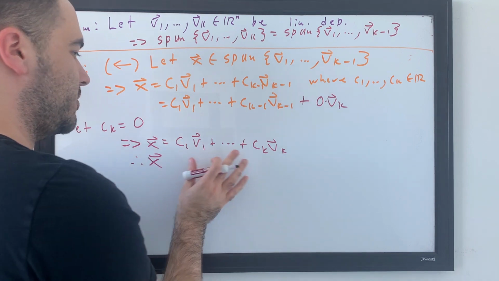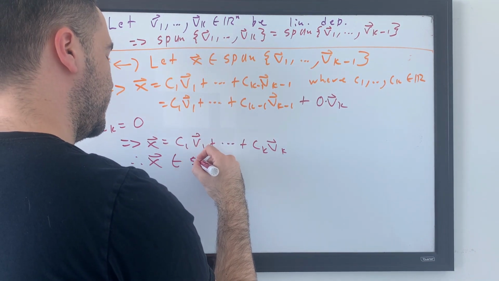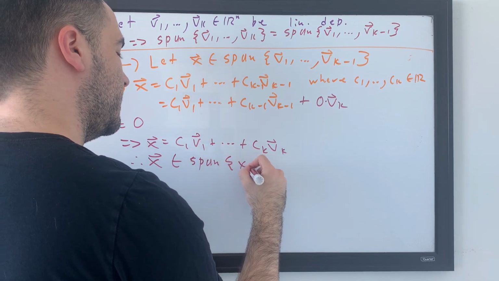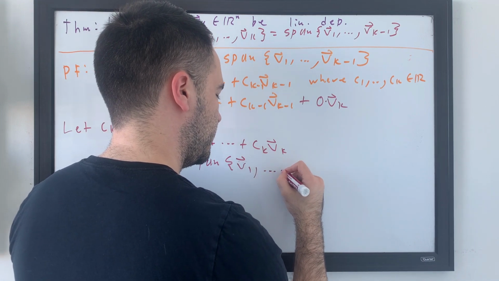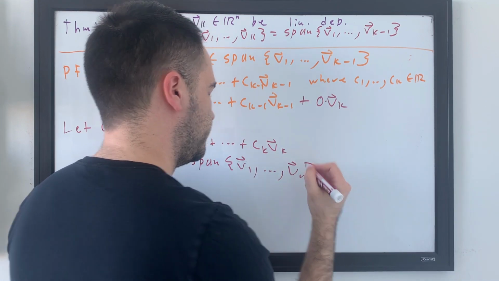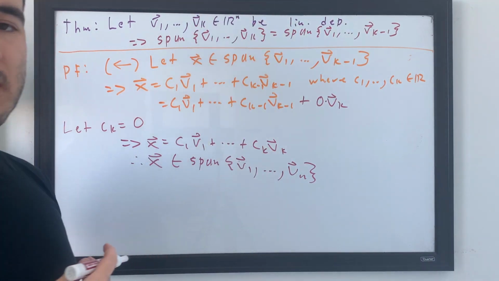Therefore, because we now have a linear combination of these vectors, x is now within the span of v1 to vk. So the right way is done.